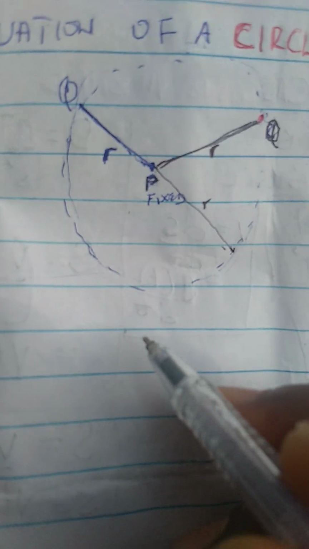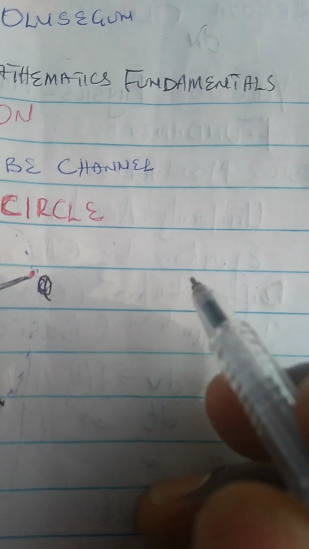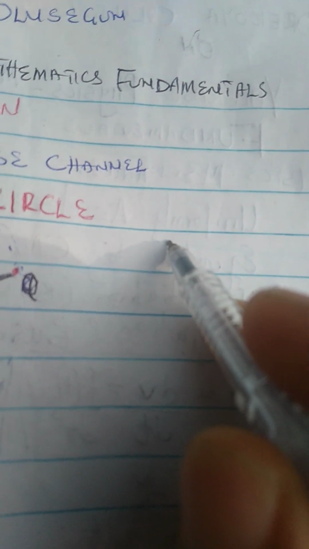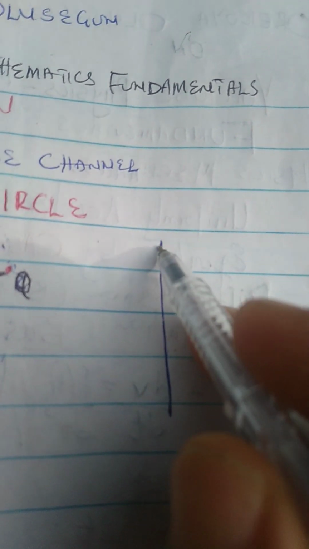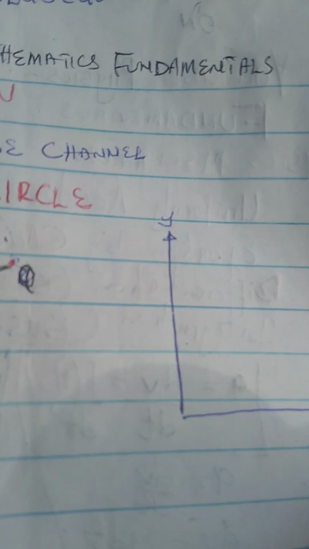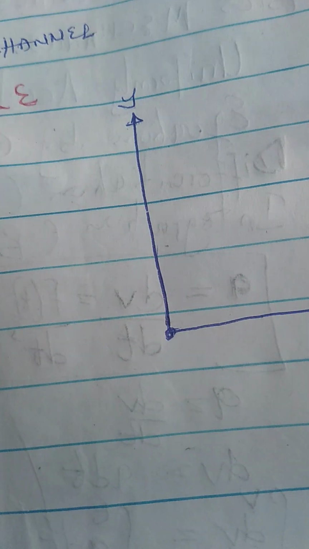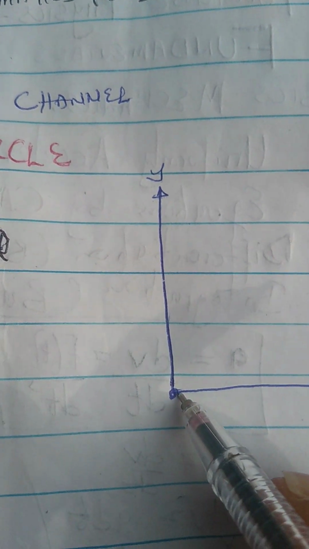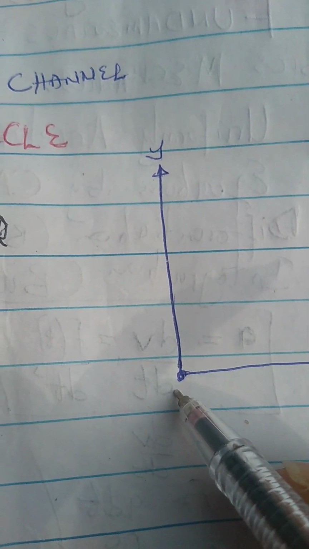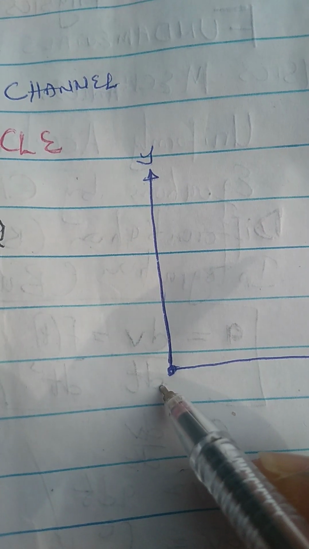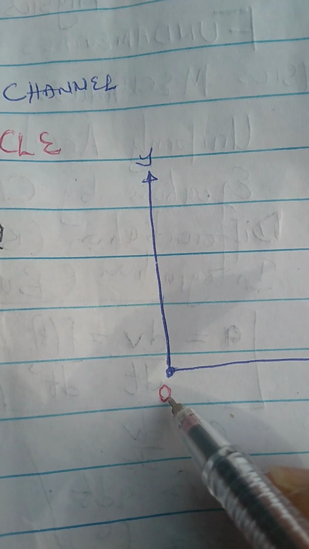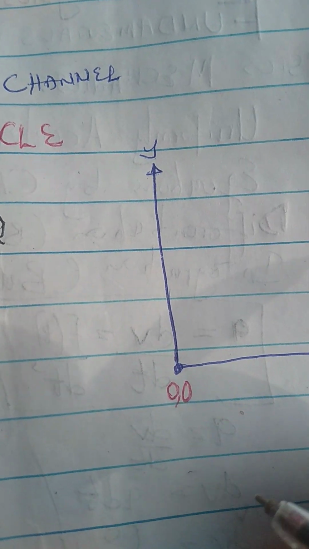Now, let's consider Cartesian coordinates. Let's have the vertical axis y and the horizontal axis x meeting at the origin. Now, let's take the location of this origin to have a value of x equal to 0 and y equal to 0.